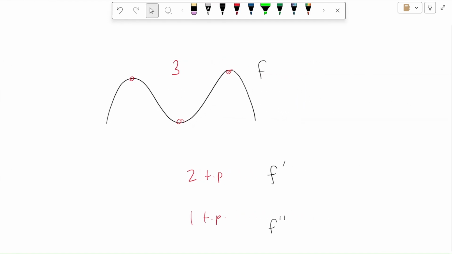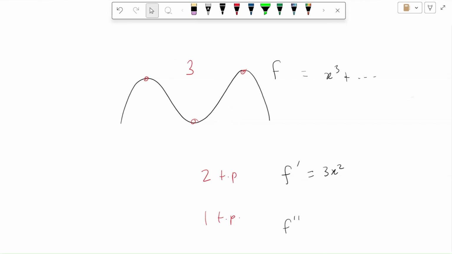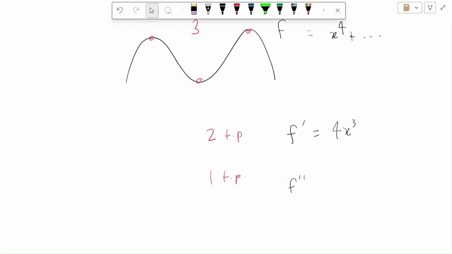And it kind of makes sense why that might be true, because if this was like x to the 4 plus all that stuff, your next term would be 4x cubed, so it's only a cubic. And then the next one would be another degree lower, so you get 12x squared.